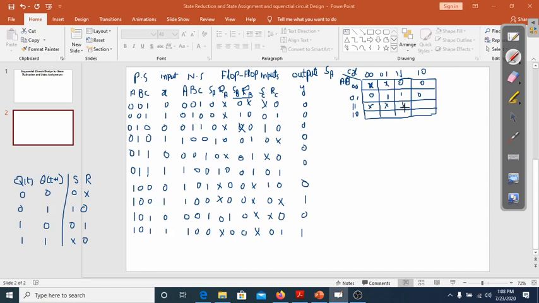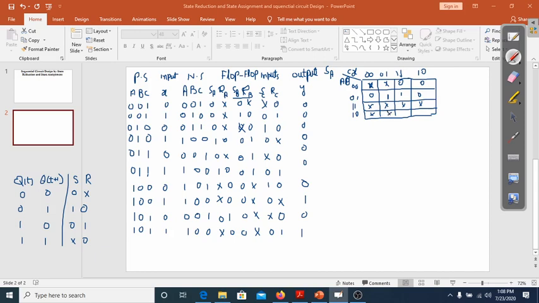For 100, SA is a don't care, and 1001 is a don't care.